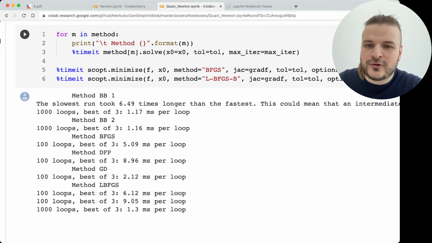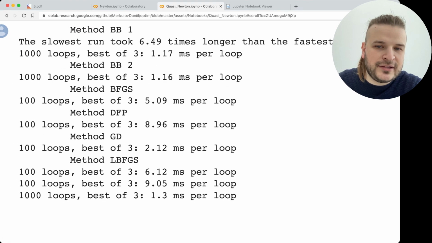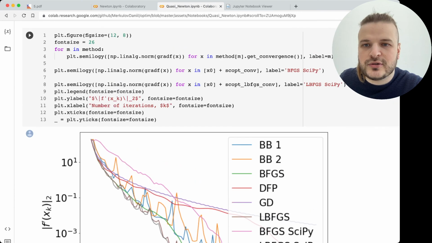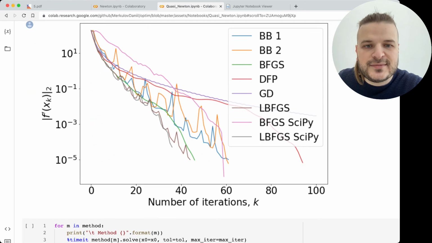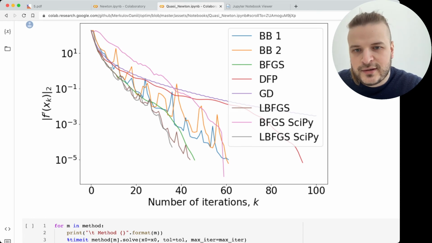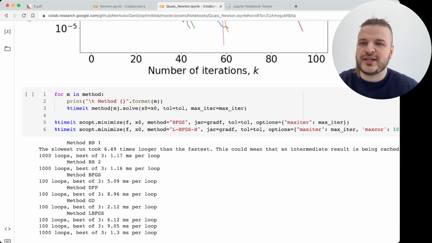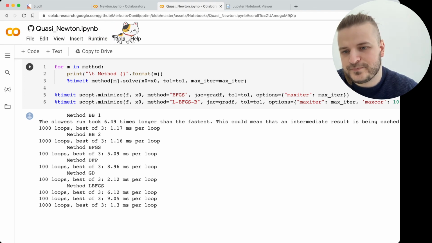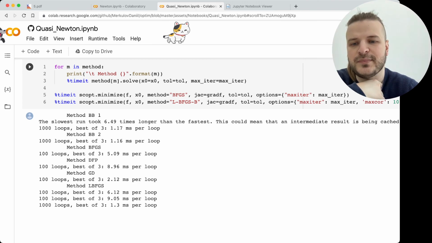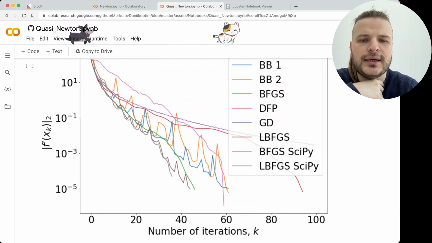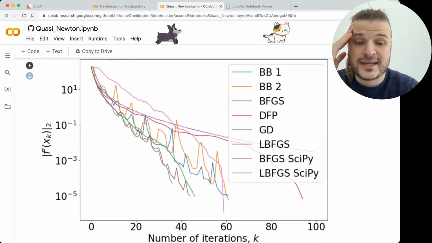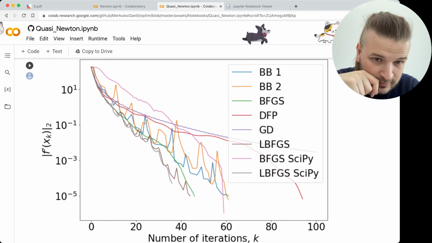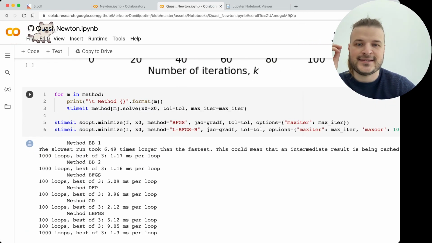But what's interesting about, for example, the Davidon-Fletcher-Powell method and the BFGS method, we can see in this picture. Let's take a look at this picture. The fastest method was the gray one, which is L-BFGS from SciPy, and we can see the time here in milliseconds. This is a comparison of iteration complexity, but what's really interesting here is time complexity.